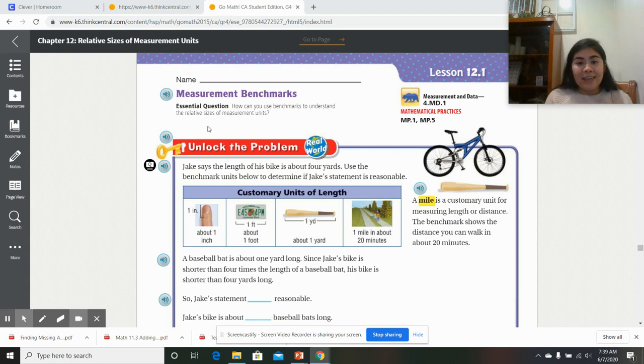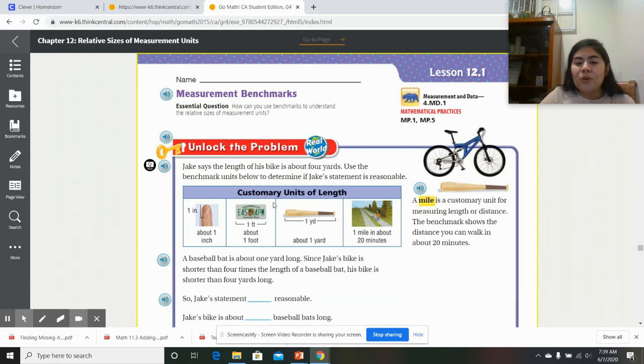Now, something really important to know is that in the United States, we are a very different country. That is because we use a completely different scale of measurement than everyone else in the world. So that's why you see here it says customary units of measurement, units of length.